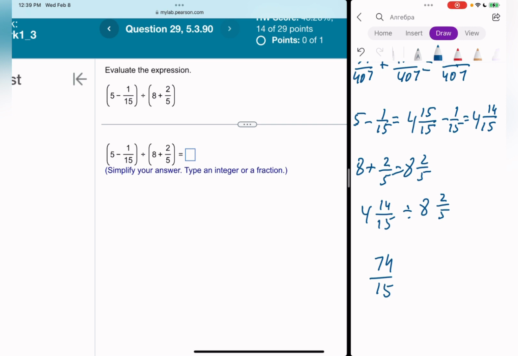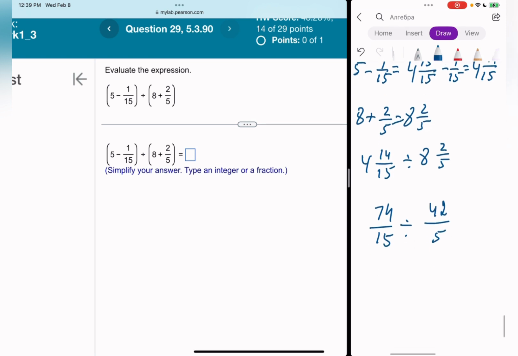To multiply or divide mixed fractions, I have to convert into improper fractions. So 74 over 15 divided by 8 times 5, 40, 40 plus 2, 42 over 5.